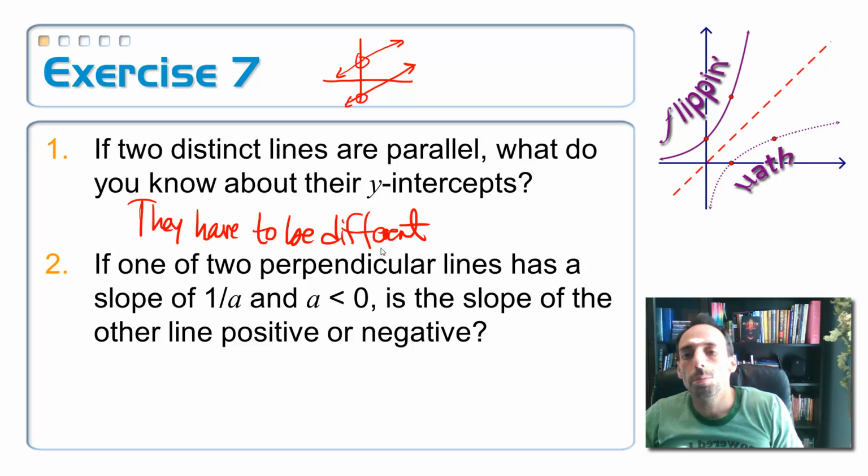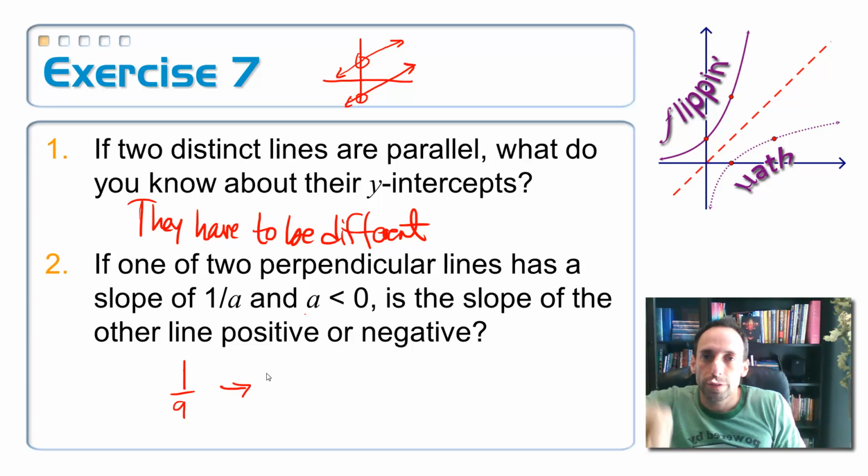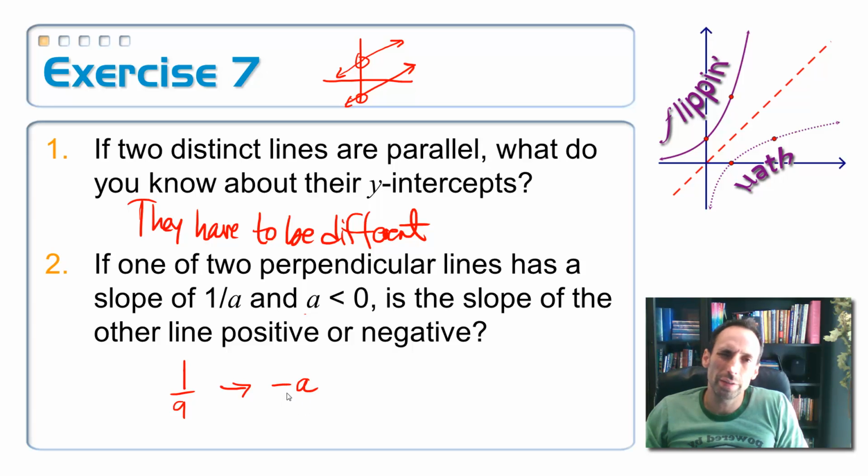Number 2, if one of two perpendicular lines has a slope of 1/a and a is less than 0, is the slope of the other line positive or negative? First of all, if the slope of one is 1/a, then the slope of the perpendicular one is, I flip it and change the sign, -a/1.